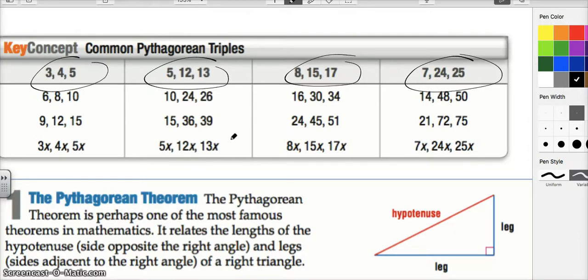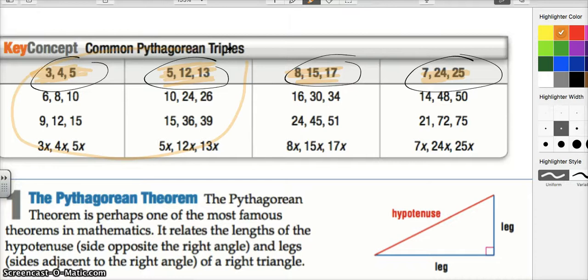I would take a moment to copy this down, because I'll highlight the ones you'll see on the SATs. It's crazy how many times you'll see this one, this one less so, and this one even less so. But I would be most comfortable with these, just being able to say, I recognize you, you're a Pythagorean triple of the 3, 4, 5 family. Oh, I see what you're doing, SAT people. This is a Pythagorean triple of the 5, 12, 13.